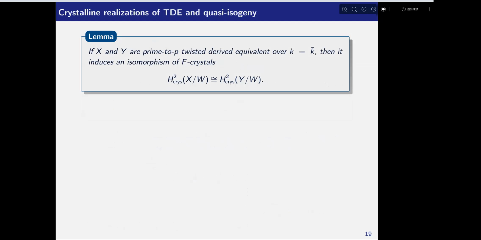Okay. So let me just say some words about the relation between the isometries and the twisted derived equivalence. If we have two abelian surfaces, X and Y, and they are prime to p twisted derived equivalent, the twisted derived equivalence will induce an isometry between the F crystals. This is standard.